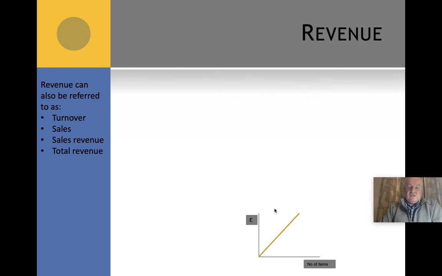Okay, so let's take a look at revenue in a bit more detail then. It's a term that's used quite a lot in business and in economics, but if you hear the term turnover, sales, sales revenue or total revenue, they are basically referring to the same thing. Just designed to confuse us, but fundamentally all of those terms mean exactly the same thing.